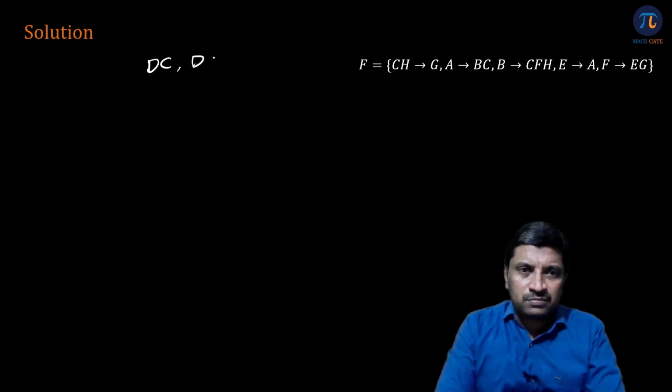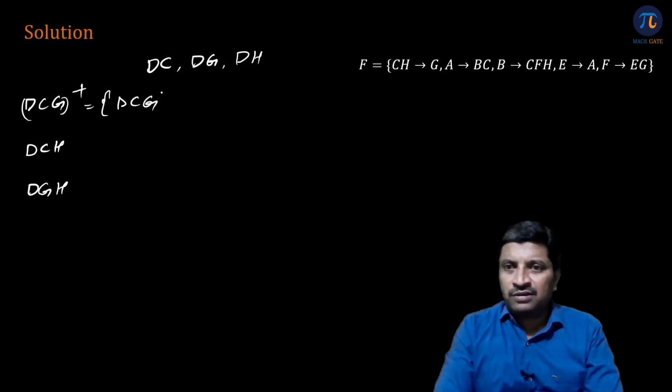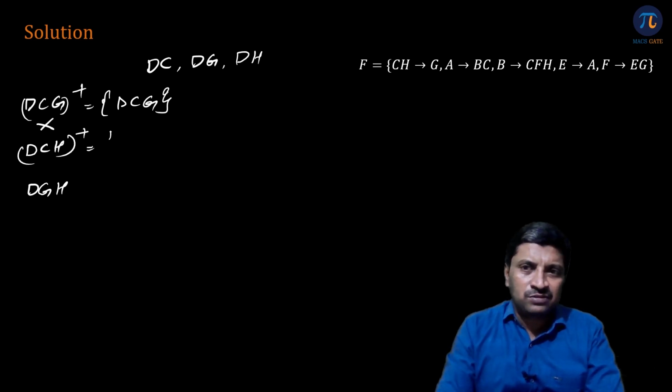DC, DG, DH. What are the three element subsets? D is mandatory. So DCG, DCH, DGH. What is the closure of DCG? DCG, fine. Then nothing is possible. So this cannot be a candidate key. What about closure of DCH?